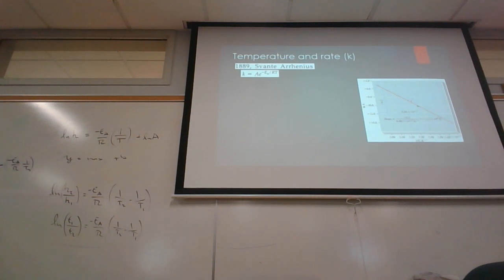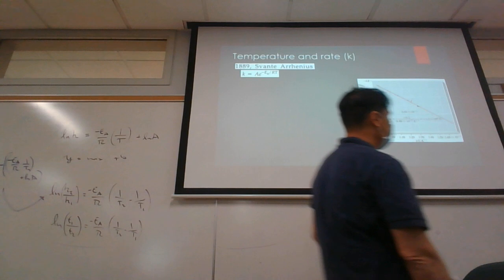Oh, plus, I forgot the plus ln of A. Plus ln of A here, plus ln of A. But A is the same for both of these. And so this is going to be plus ln of A minus ln of A. And so the ln of A is canceled. And then we end up with this equation here. And that's what happens.